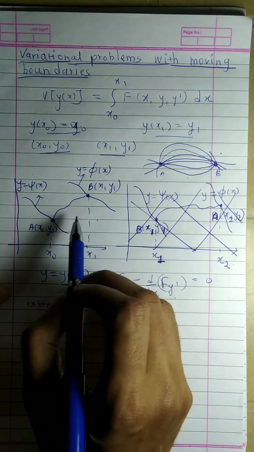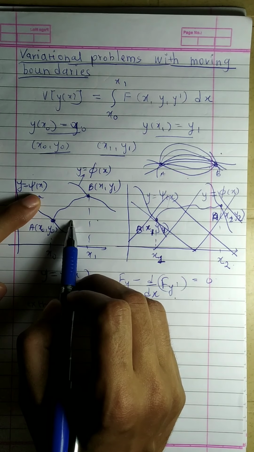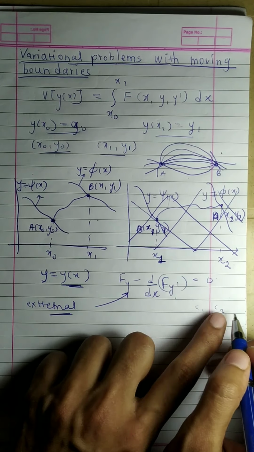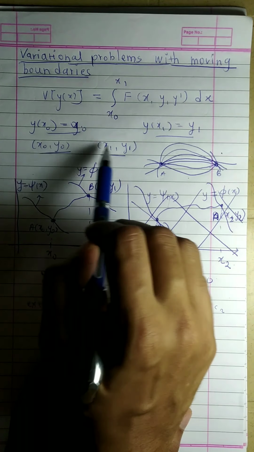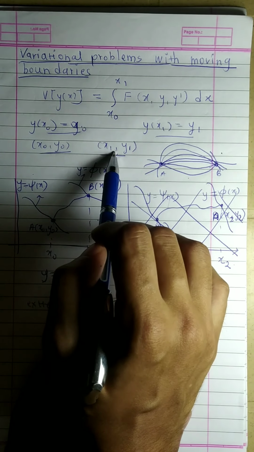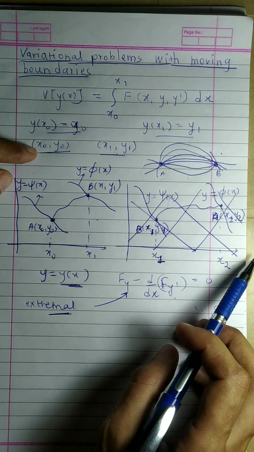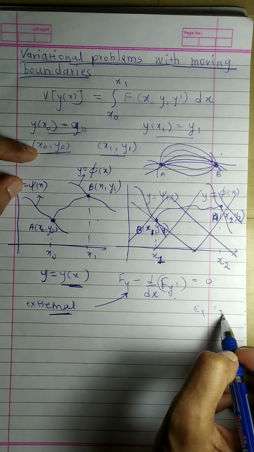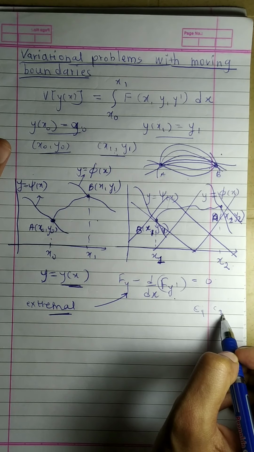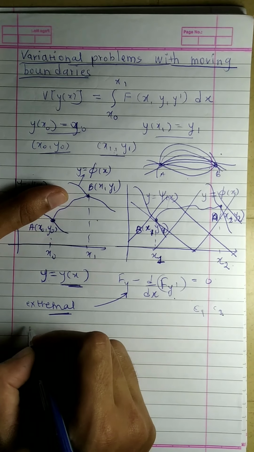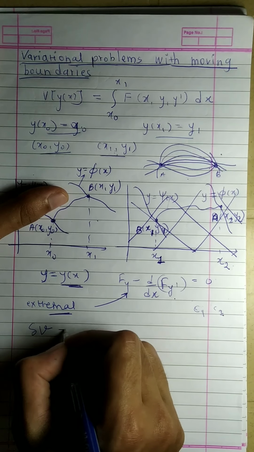But in moving boundary problems, what happens is we will get a solution with two unknowns, but to determine these two unknowns we will not have such points. Either one point will be absent or both the points can be absent as well. So to determine these arbitrary constants, we will have to take help of the basic necessary condition for an extremum, and that is variation delta v is equal to 0.